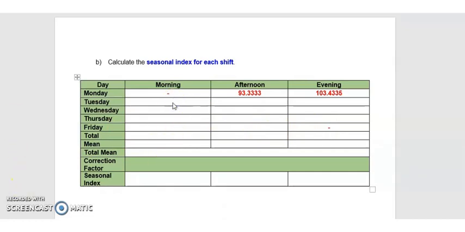The morning shift on Tuesday is 98.3193. Next, 99.1701. Next, 103.3058, and continue until the last value. Transfer all data.